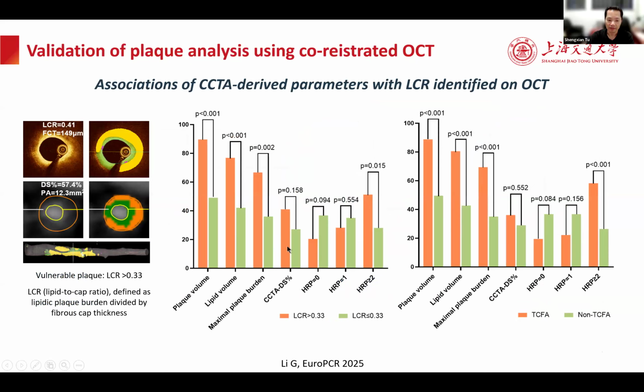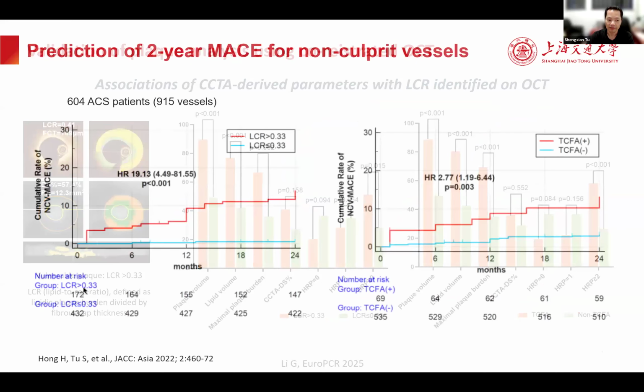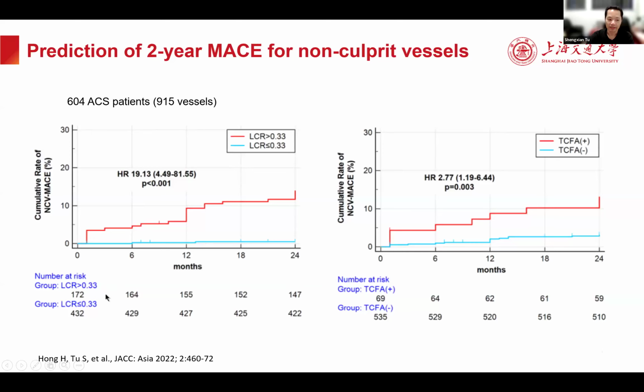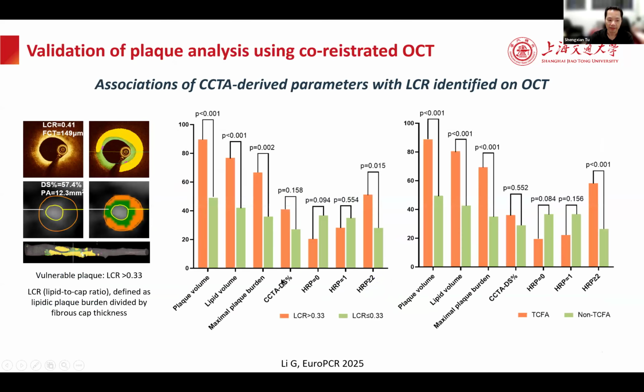In the study we identified that a lipid to cap ratio higher than 0.33 is a good threshold to define a risky plaque. So in this validation study with CT, we use the lipid to cap ratio as the reference standard to identify the risky or vulnerable plaque from OCT.